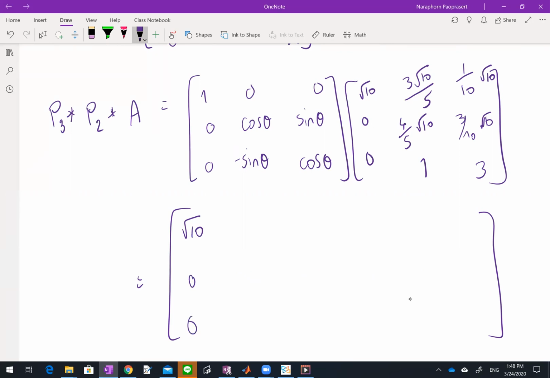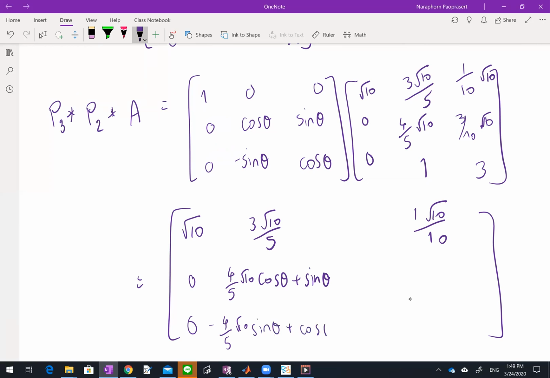And in the second column, you have 3 square root of 10 divided by 5, 1 square root of 10 divided by 10, and then later on you have 4/5 root 10 cosine theta plus sine theta, 4/5 root 10 minus sine theta plus cosine theta.